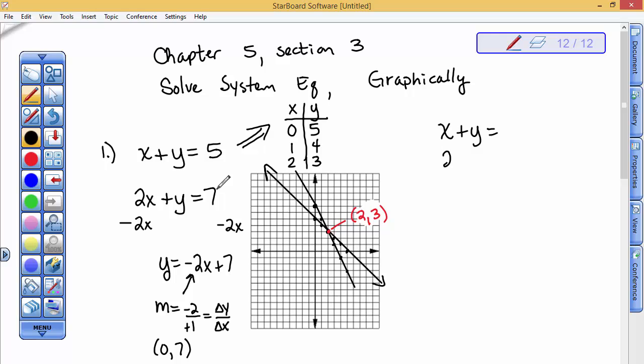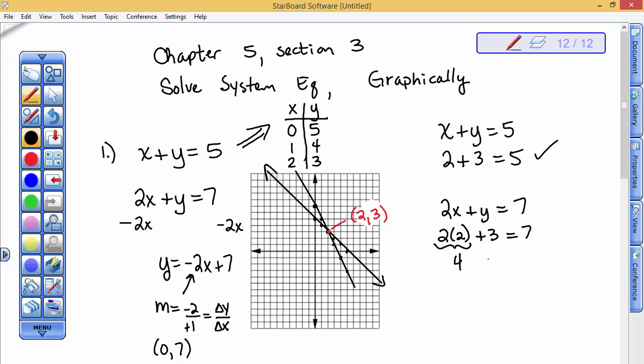And 2 plus 3 is equal to 5. That checks. The next equation was 2x plus y equals 7. And I want to know if I put a 2 in for x and a 3 in for y, by order of operations, if I have a true statement. And if I have a true statement in both equations, I know I've performed this calculation correctly.